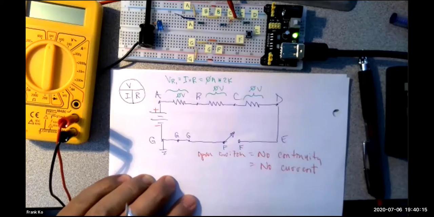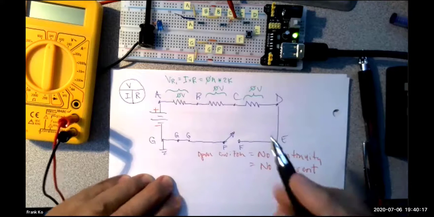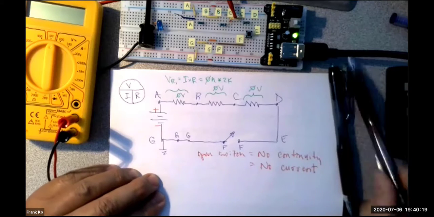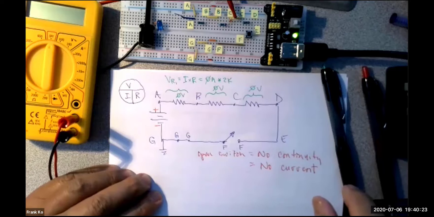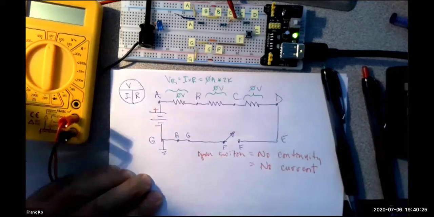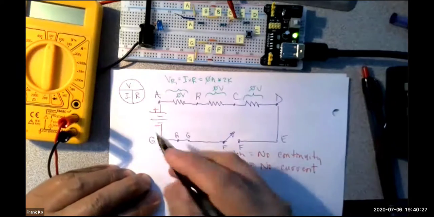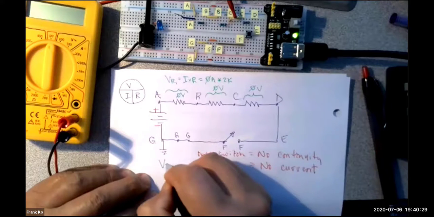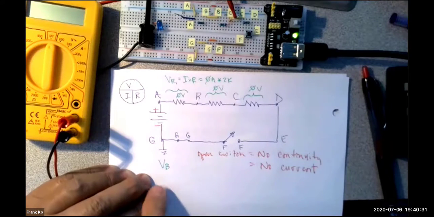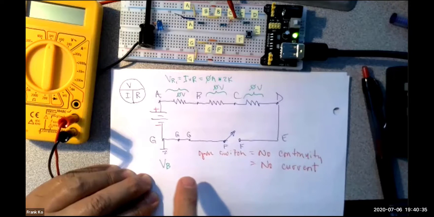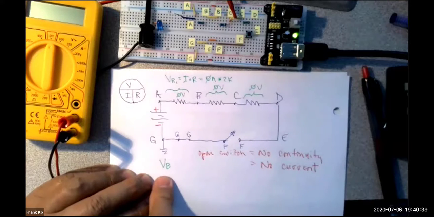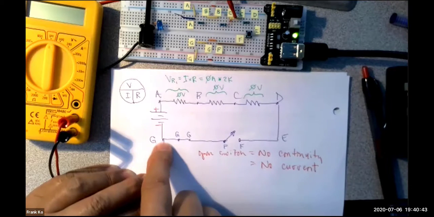So take a look for a moment. If we were to measure the same point we did earlier, which was voltage at point B, single letter means you're going to have the red probe at that letter and the black probe is going to go where? Ground. So where is ground in this case? Right here.